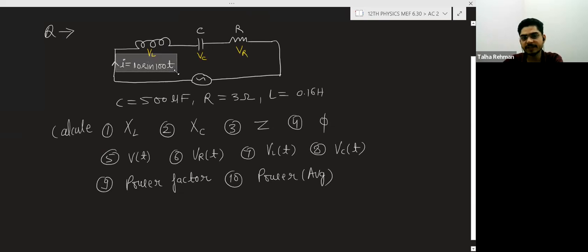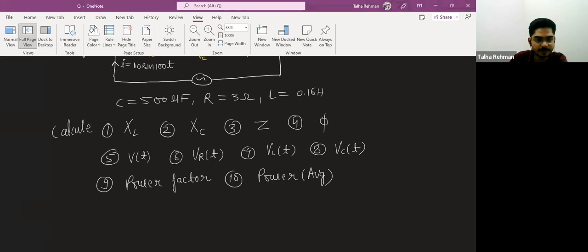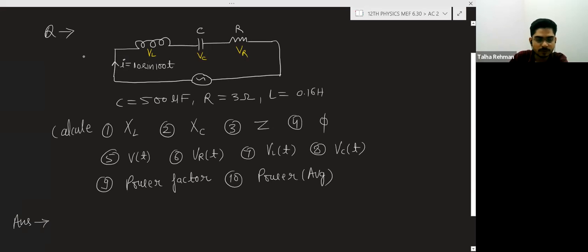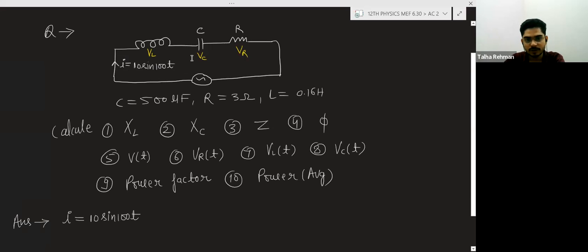Current in this circuit at any instant of time is given by I equals 10 sine 100t. Current is given as 10 sine 100t. Capacitance this, resistance this, inductance this.